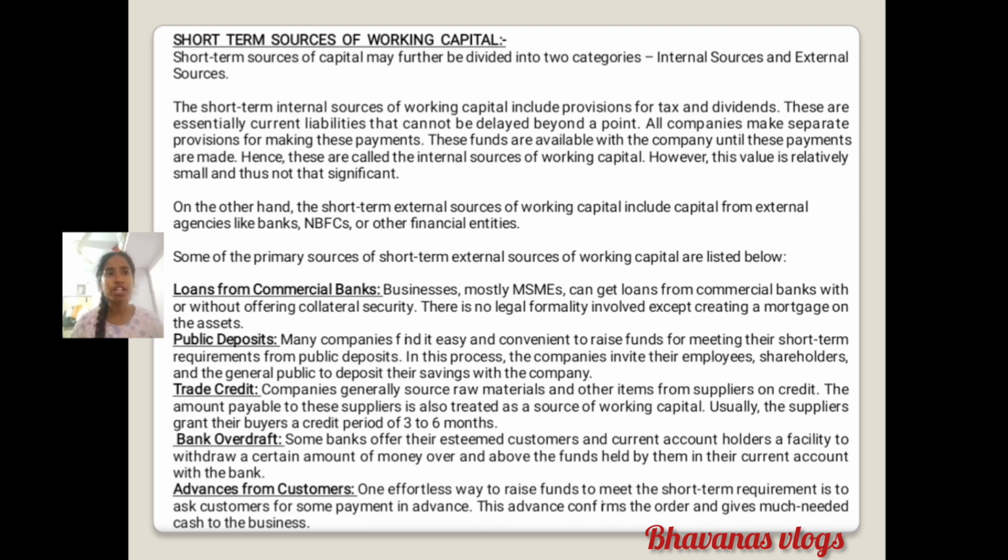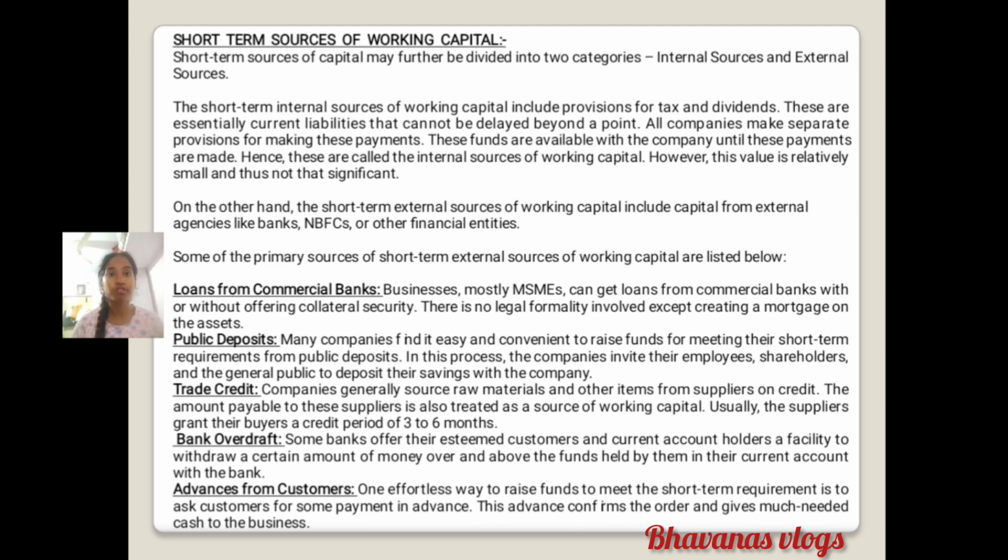All corporates may set aside provisions for making these payments, and the funds are available to the company until these payments are made. After making the payment, the funds will be cleared. So this can be called an internal source of working capital.